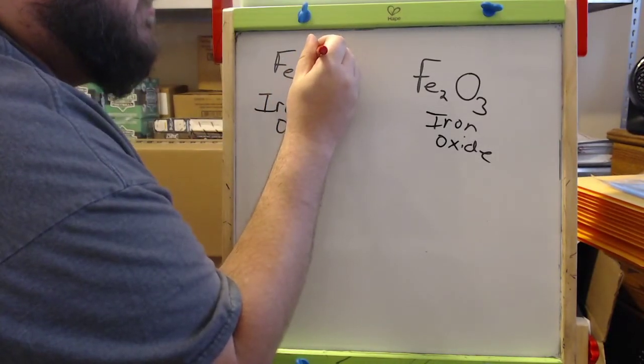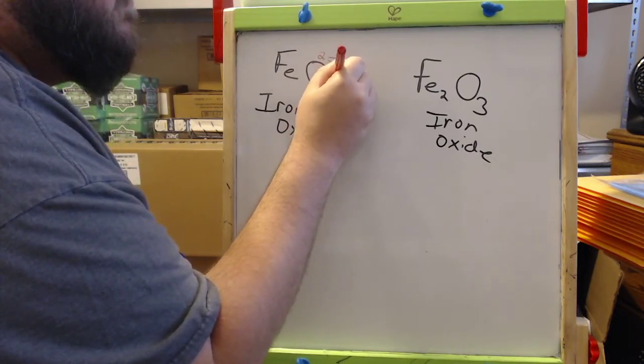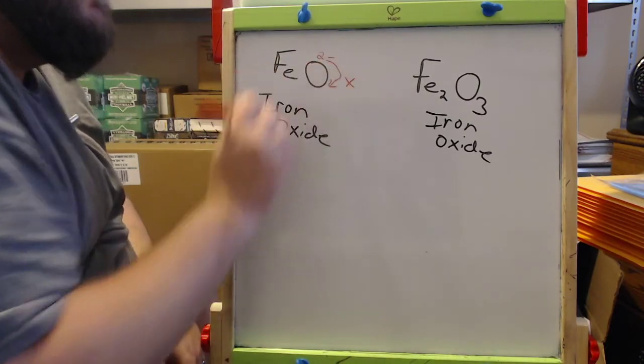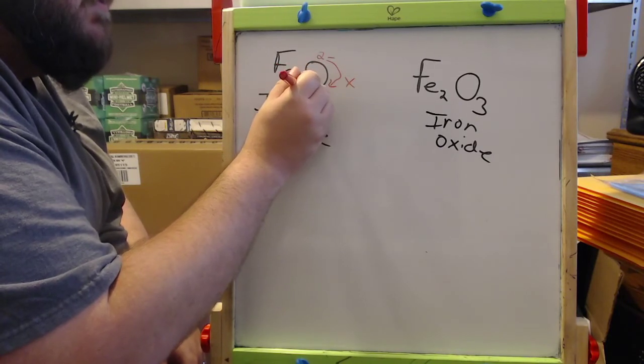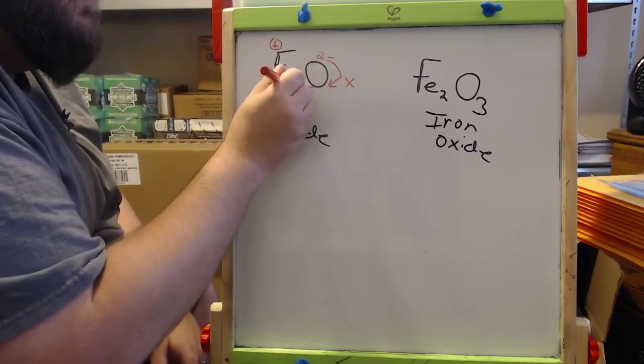You know the charge on oxygen is 2 minus. Take this, multiply it by the subscript, and then divide by this subscript, and make it a positive whatever.